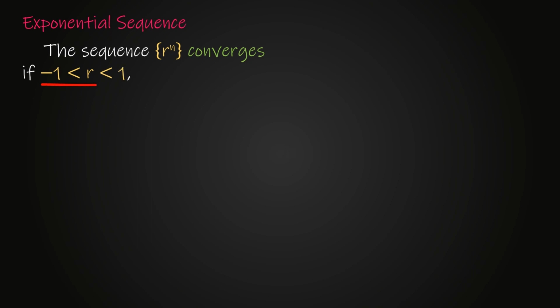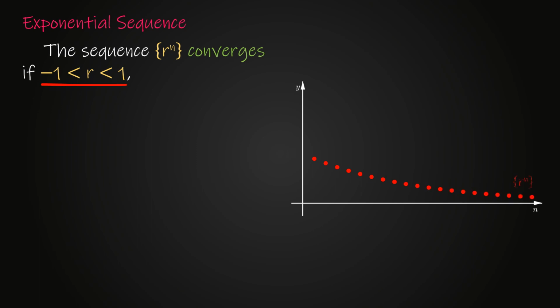Exponential sequence. The sequence consisting of r raised to n converges if r is between -1 and 1, and the sequence converges to 0.